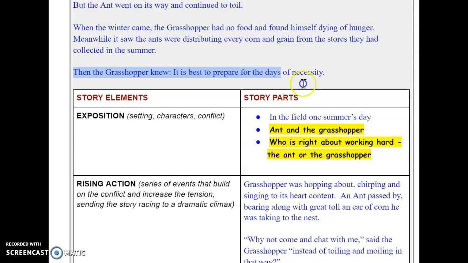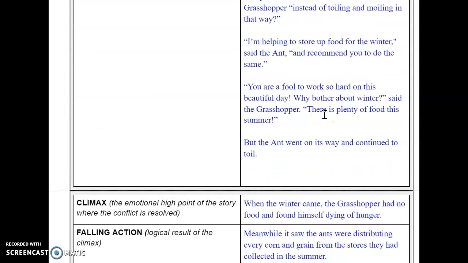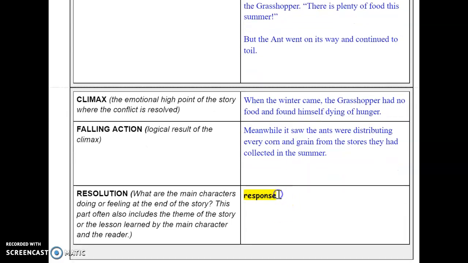This is what he was left with, and it was the theme of the story. This is a good theme for all of us: it is best to prepare for the days of necessity. So basically, don't procrastinate and get your work done.